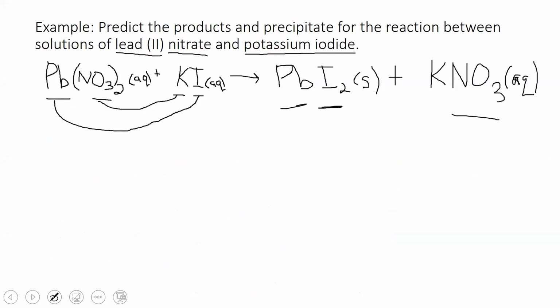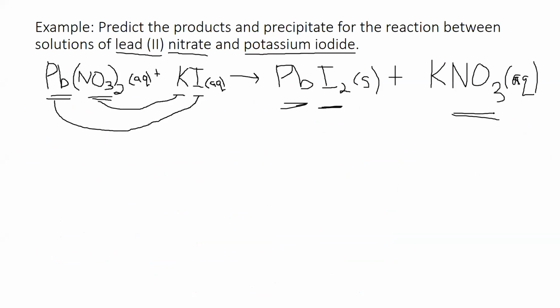Okay. There's one other thing we have to do here, which is just to make sure it's a balanced chemical equation. So if I have one lead there and one lead there, one lead on the reactant side, one lead on the product side, okay? That's balanced. I've got two nitrates on the reactant side.